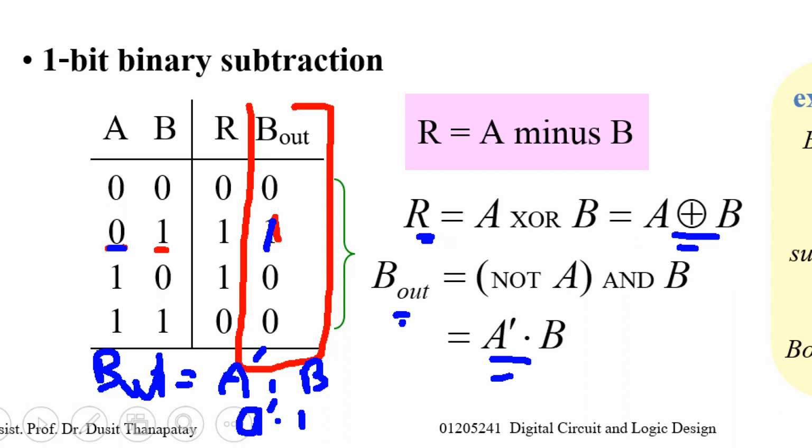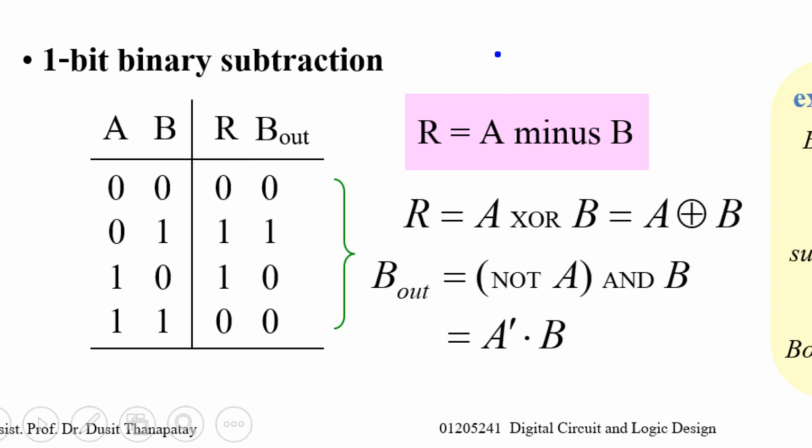That means you can write down the circuit diagram, right? Namely, A, B, XOR together.